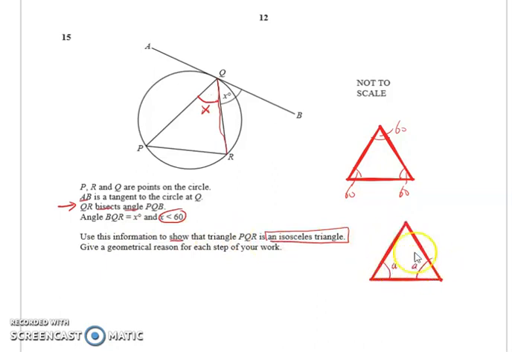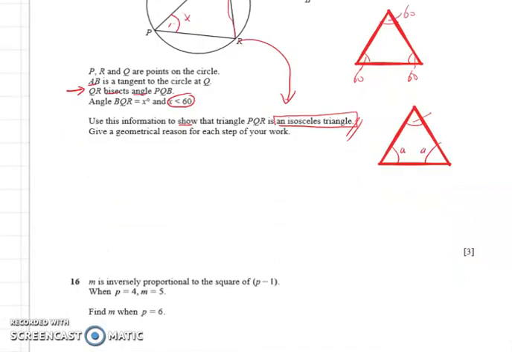Here you'll be getting another x. This angle and this angle must be the same. Since we have x here and x over here, which is the same, this is proven to be an isosceles triangle. So this is the explanation for question number 15. You got 3 marks.